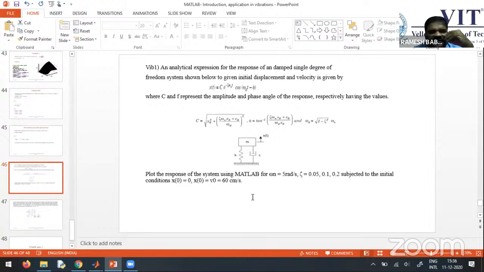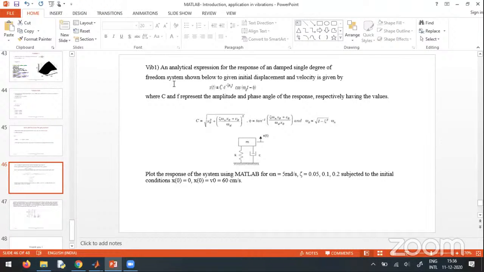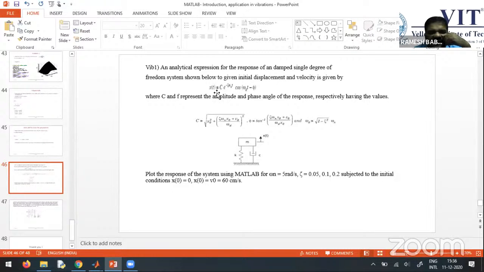An analytical expression for the response of a damped single degree of freedom system shown below, to a given initial displacement and velocity, is x(t) = C e^(-zeta omega_n t) cos(omega_d t - phi), where C and phi represent the amplitude and phase angle of the response, respectively. The C value, phi value and omega_d value are about the particular system.